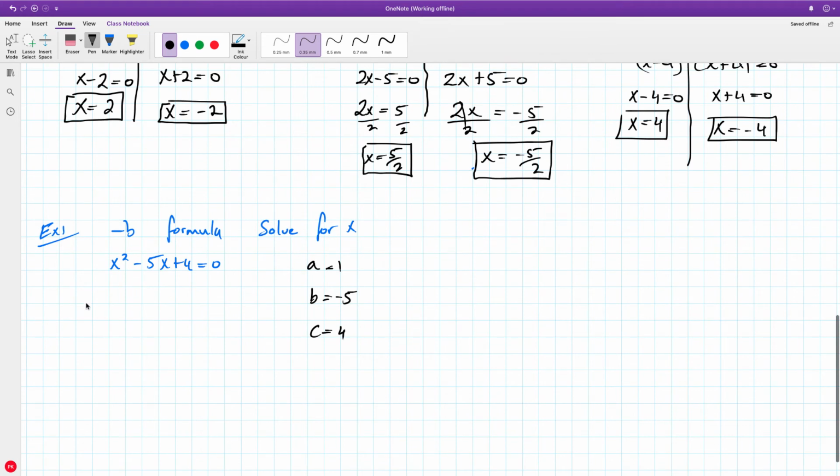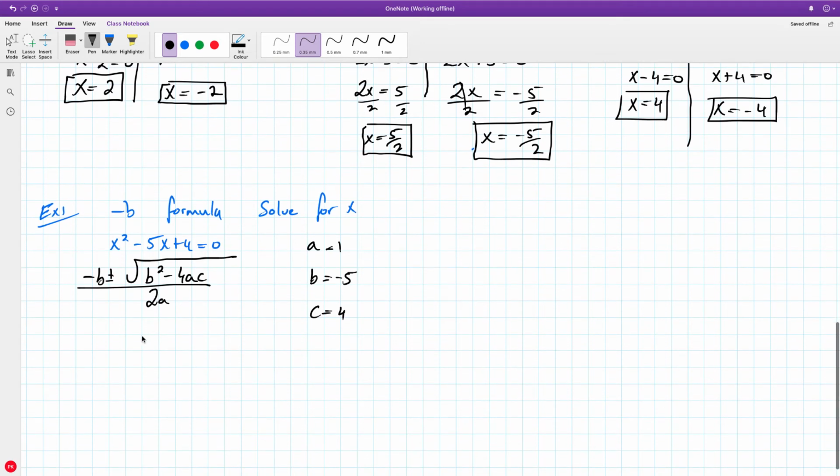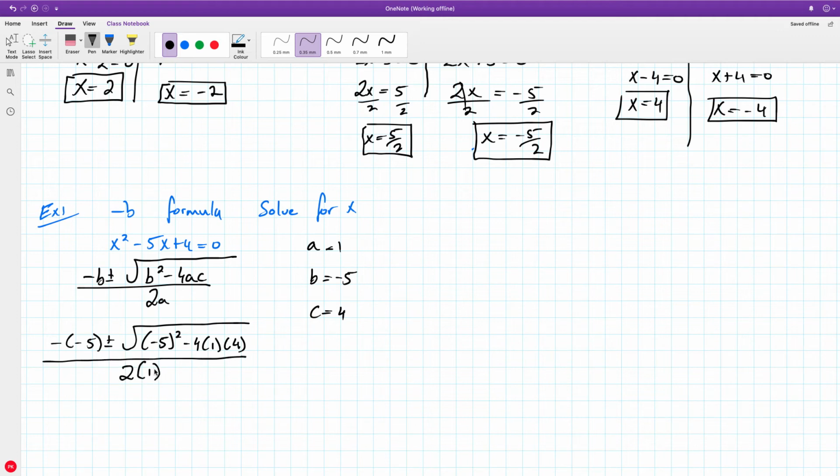So then you use the minus b formula: minus b plus or minus the square root of b squared minus 4ac all over 2a. So that's minus minus 5 plus or minus the square root of minus 5 to be squared minus 4 times 1 times 4, all over 2 times 1.